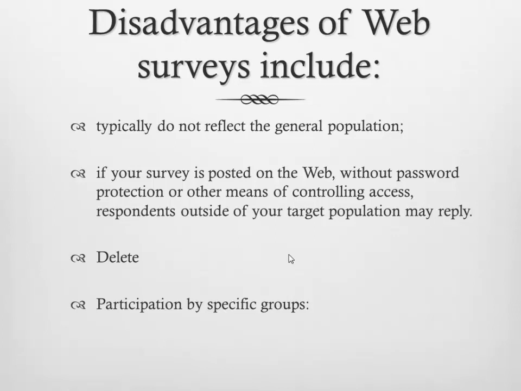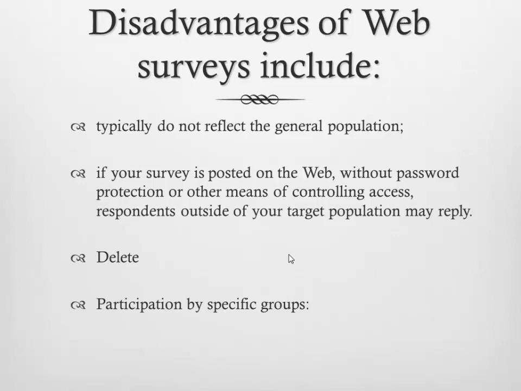And so you may attract respondents who are outside of your target population. A potential disadvantage is that it's easy to delete a web-based or internet or email survey, maybe easier and causing less pause, for example, than throwing away a piece of mail.